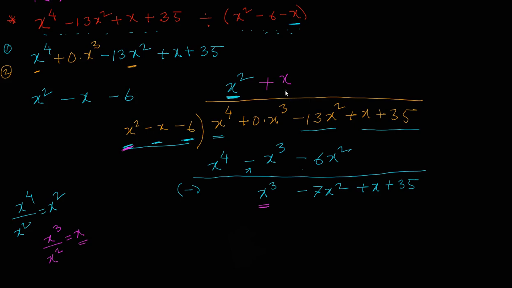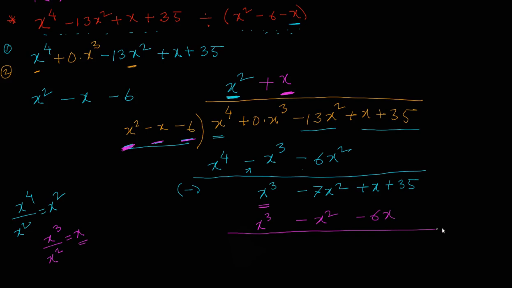Now let's multiply. So plus x multiplied by x square is x cube, of course. Then plus x multiplied by minus x is minus x square. Then plus x multiplied by minus 6 is minus 6x.